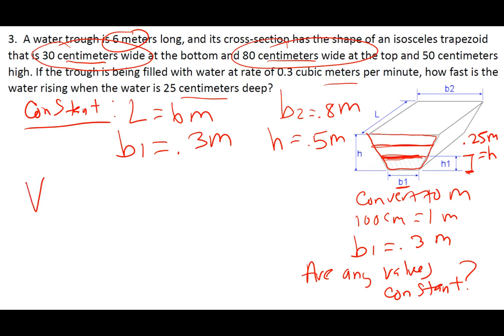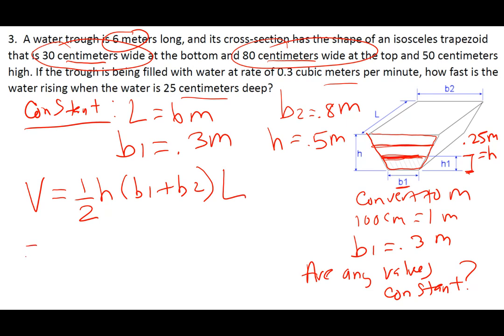So speaking of formulas, we are talking about the volume of this trough, where the face is an isosceles trapezoid. So remember, it's 1/2 the area of the base. The area of the base of a trapezoid is the height times base 1 plus base 2, and then times the length of the trough.